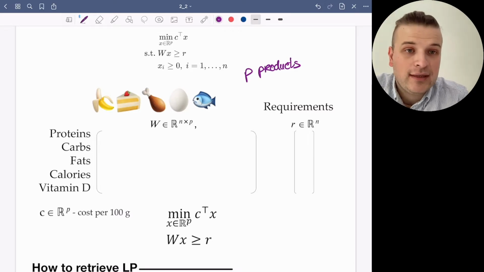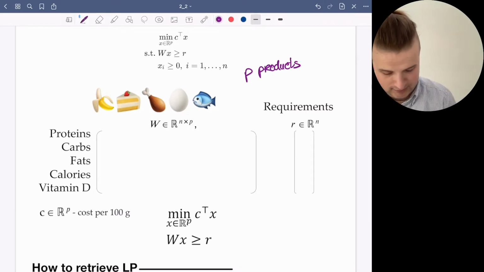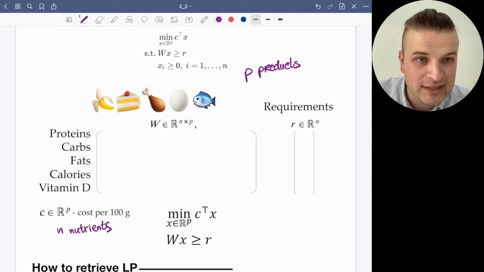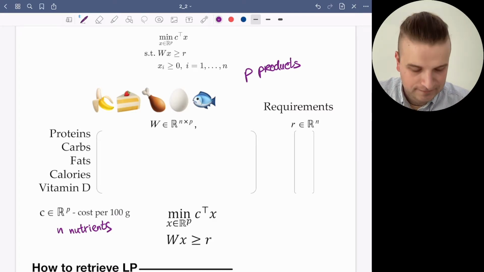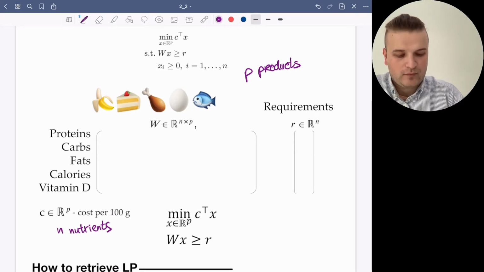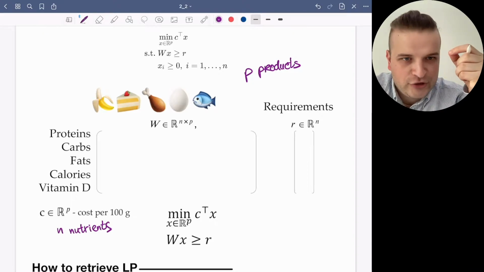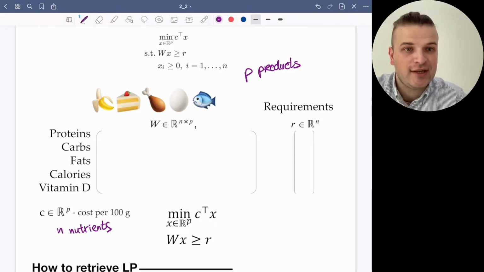And we have n nutrients here, like proteins, carbs, fats, calories, vitamins, etc. For each of these products, in an ideal world, we have information about nutritional facts, right?